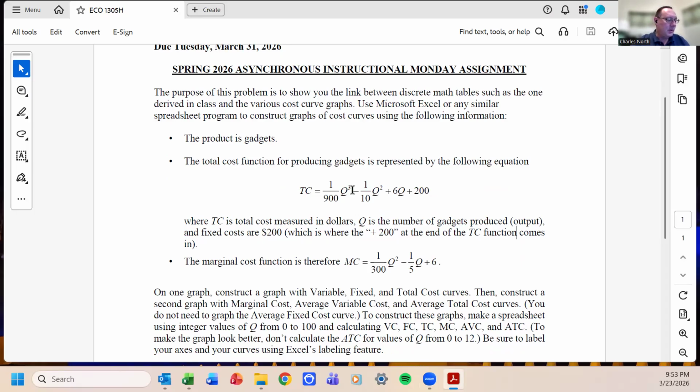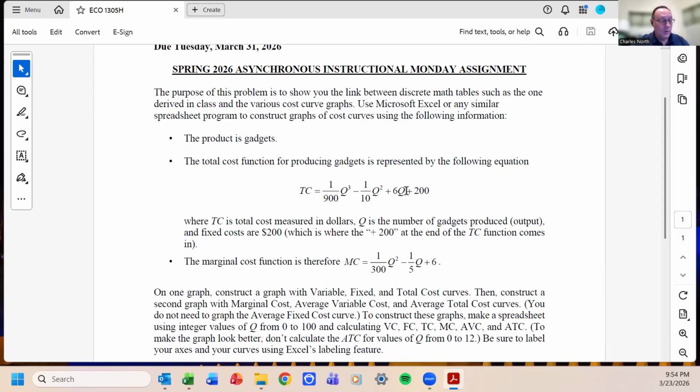Using the power rule, the derivative of the first term is 1 over 300 Q to the second power, minus 2 over 10, so 1 over 5 times Q, plus 6. And so the marginal cost function is going to have a vertical intercept at 6 when Q is equal to 0.